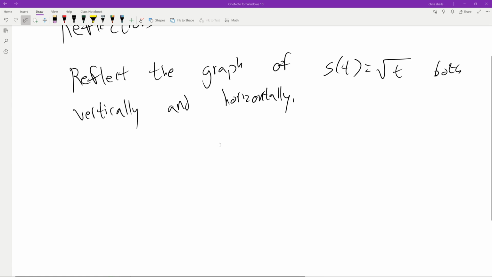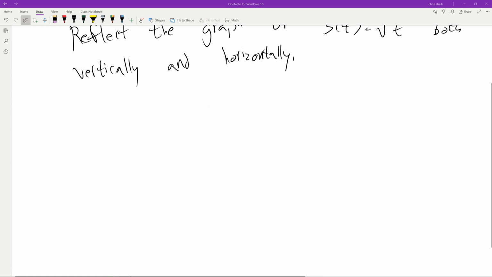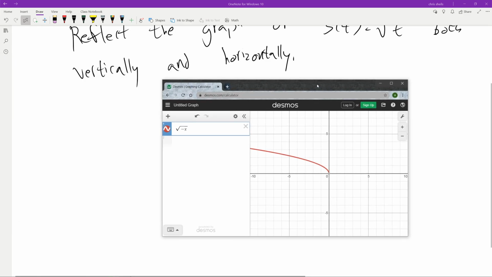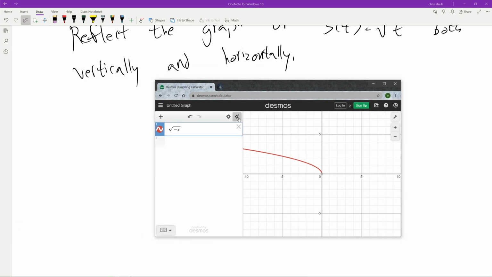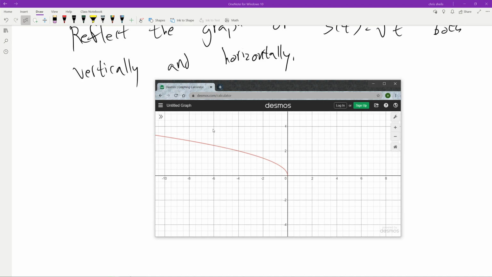And now I want to reflect this horizontally. And this is my graph. Oh, I gave it away, but you probably already figured it out, right? If I reflect horizontally, each of my input values are reflected across my vertical axis.